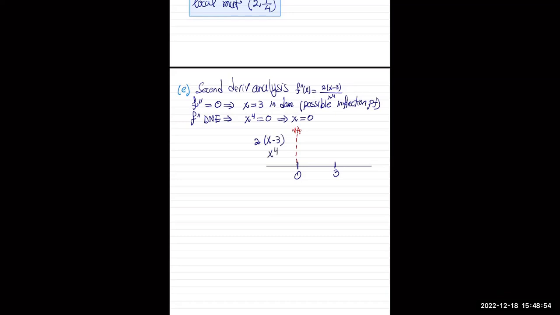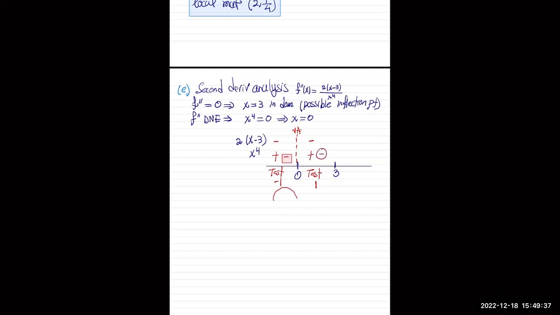X to the 4 is always positive. But let's test negative 1. Negative 1 minus 3 is negative, negative 1 to the power of 4 is positive. The second derivative, therefore, is negative, telling you that the function is concave down. You can test 1. 1 minus 3 is negative again, 1 to the power of 4 is positive.